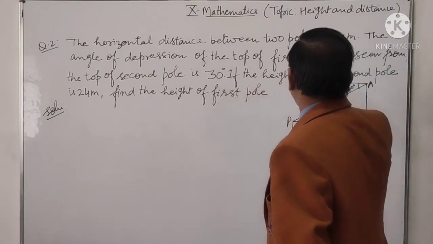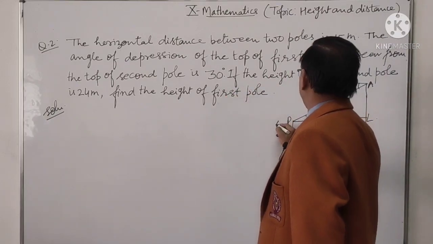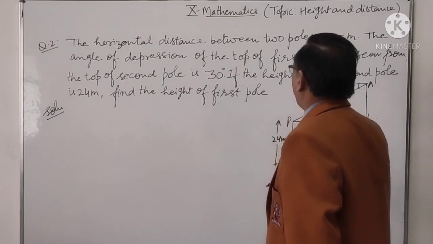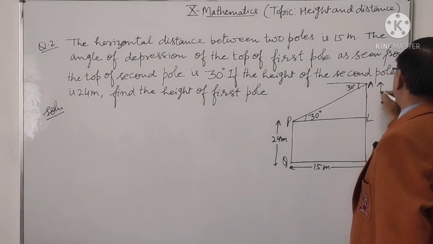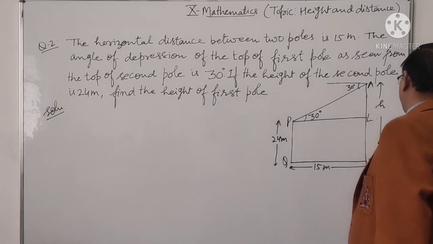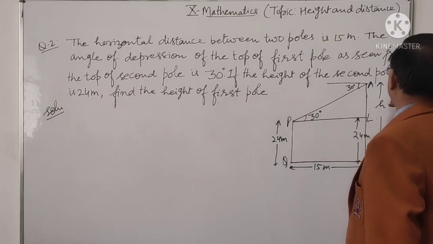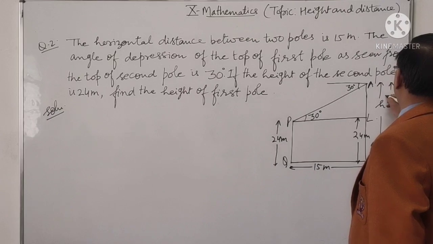If the height of the second pole is 24 meters, find the height of the first pole. Let it be h. Student, this is also 24 meters. So this distance AL becomes h minus 24.